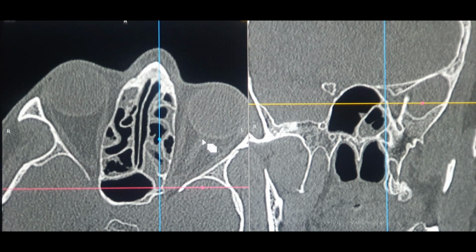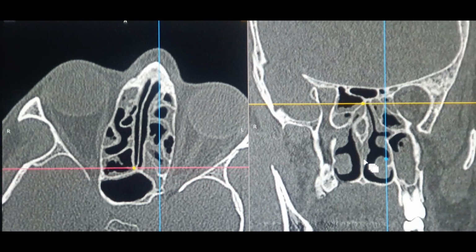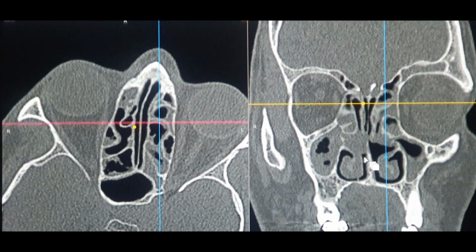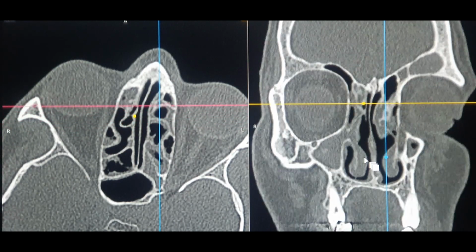You can actually see that this is the left optic nerve, and this is the Onodi cell over here, and this is the left actual sphenoid. So I can go from the patient's right side into the left side, and I can actually operate on this patient's left optic nerve if I have to do a decompression. So this is how the anatomy should be fluent and clear. I think so far I have covered almost all the important points for your axial CT scan study.